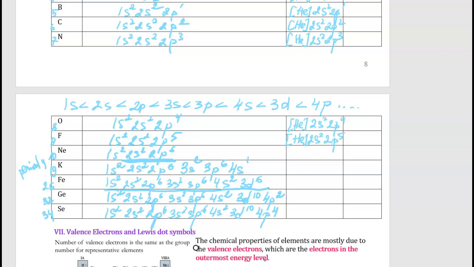Do we need to use this abbreviation? No, we don't need to, because it's the next noble gas. It's neon, okay? And we put neon here.